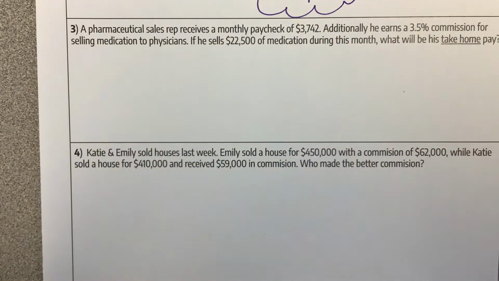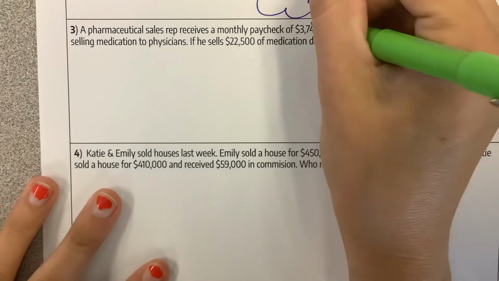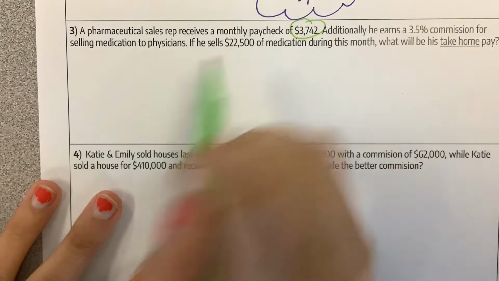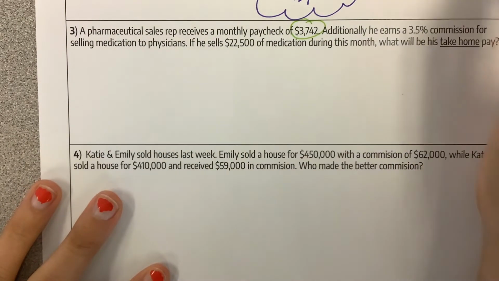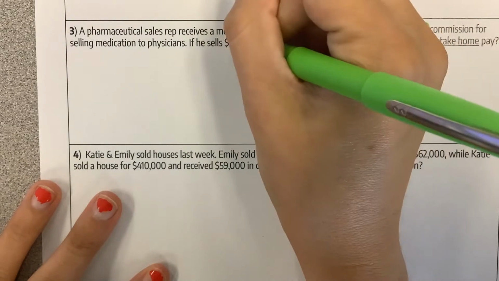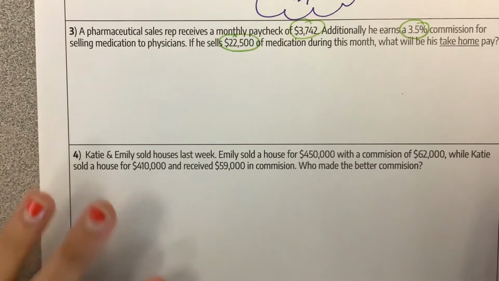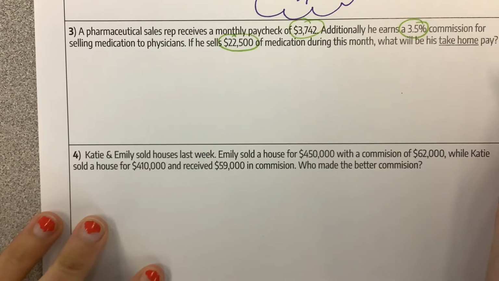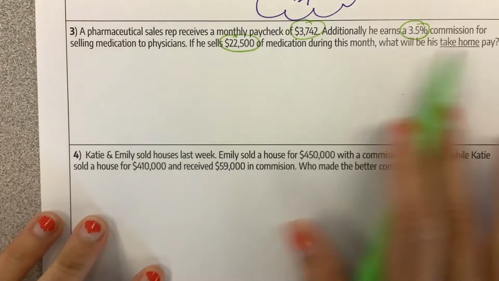Number 3, a pharmaceutical sales rep receives a monthly paycheck of $3,742. So he's getting this each month no matter what. Additionally, he's earning 3.5% commission for selling medication to physicians. If he sells $22,500 of medication during this month, what will be his take-home pay? So 2 parts.